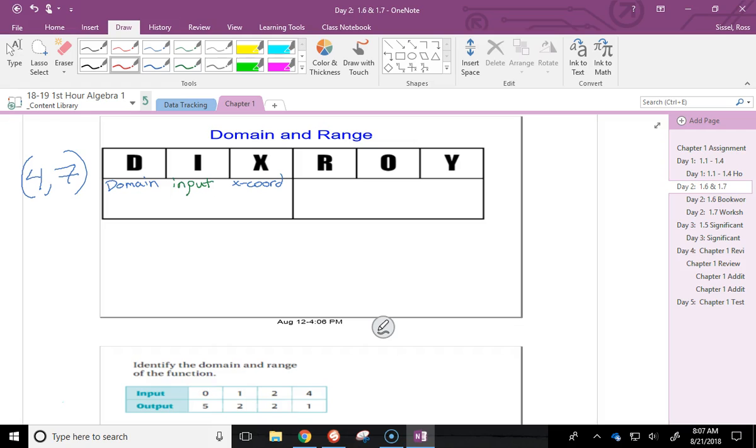The second one is known as your range, your output, my output, or my y coordinate.